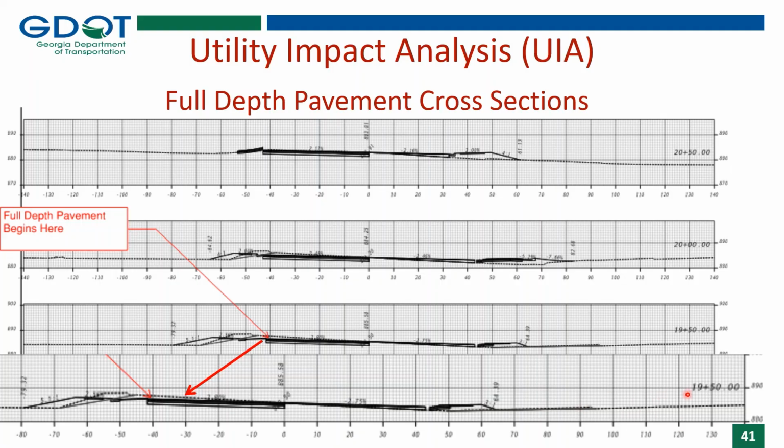At station 19 plus 50, I thought I had another blow up of this, but you see the dash line is the existing pavement. However, they're cutting the pavement down pretty significantly. And that's why we're showing these as potential conflicts.